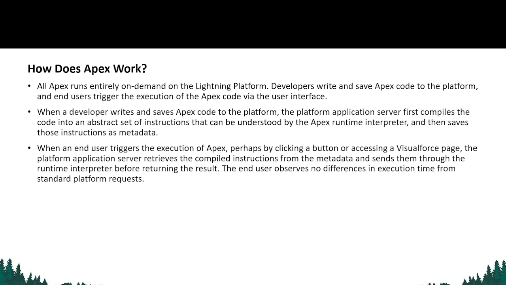Whenever a developer writes code in the Apex language and saves it to the platform, the first thing that happens is the server compiles the code into a set of instructions that can be easily understood by the Apex runtime interpreter.